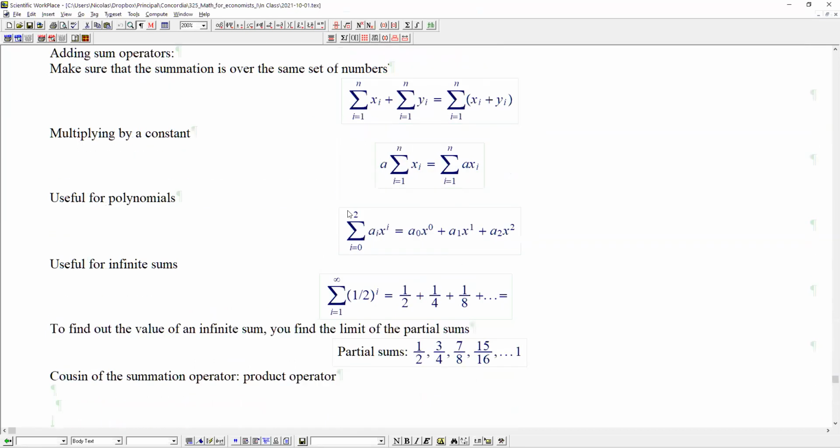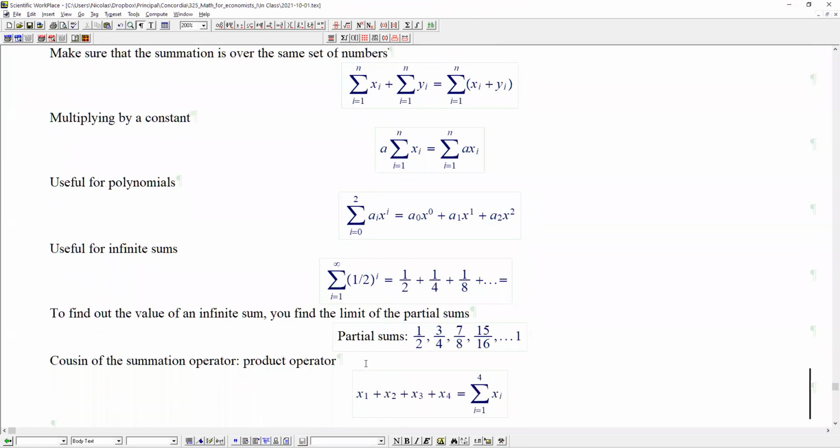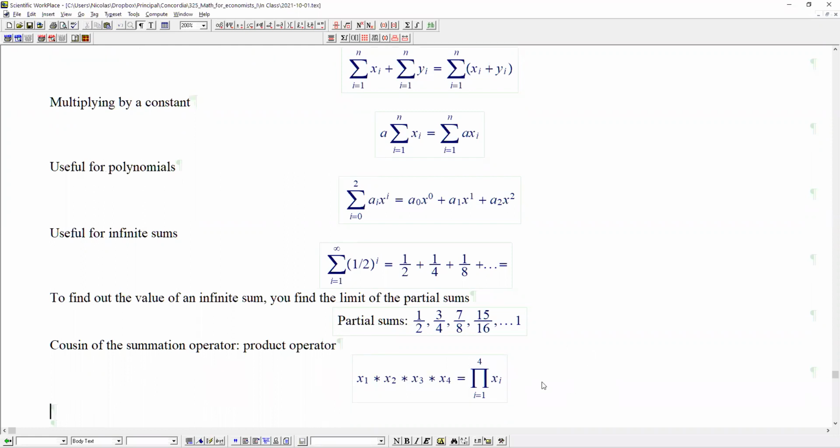So 1 times x1 times x2 times x3 times x4 would be written this way. And it's exactly the same. So what you do is you just multiply all of them together, and this is the same thing as expressing it this way.